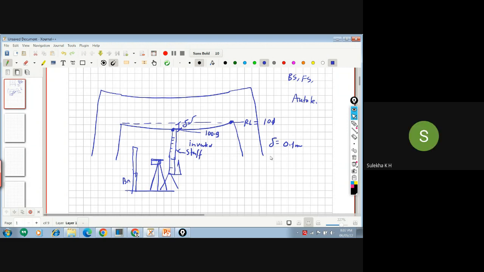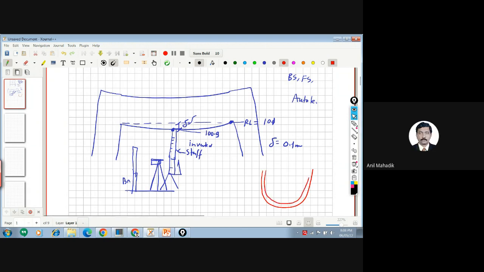Yes, sir. Sir, one more method: the level tube. Do you know the level tube? Water level tube. Yes, sir. You know that water is always at one level. So let's say we put water inside this, it will have this level, right? We are putting the water in this level tube or water tube.